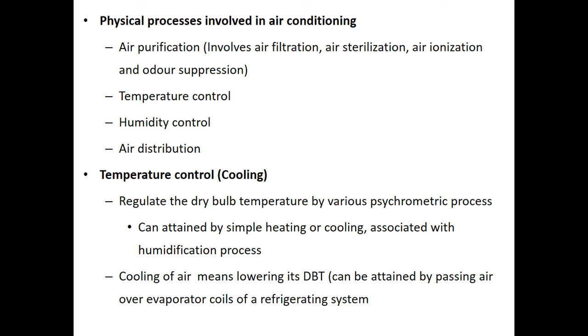The cooling of air means lowering the DBT, or the dry bulb temperature. And how can we achieve this? It can be attained by passing the air over the evaporator coils of a refrigerating system. Which means, assume it is your living room where the air conditioner is kept, and the intake air is forced to flow over the evaporator coil directly.